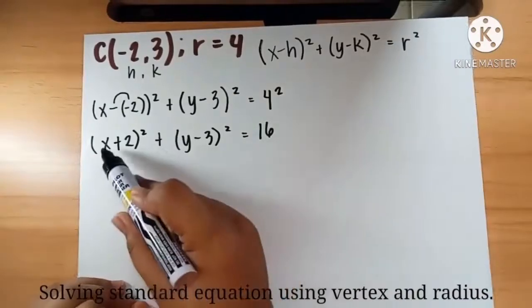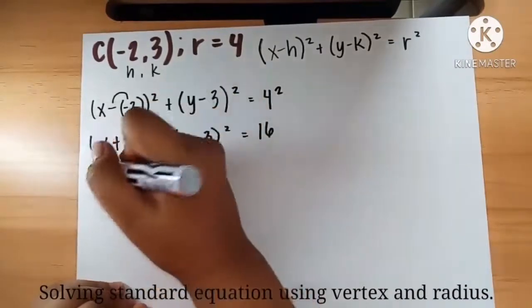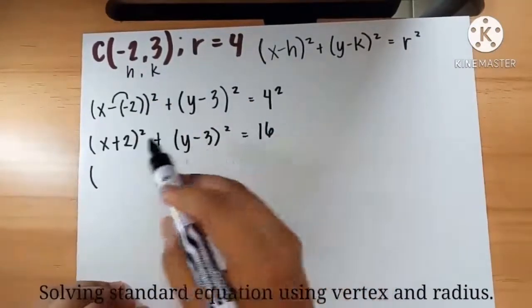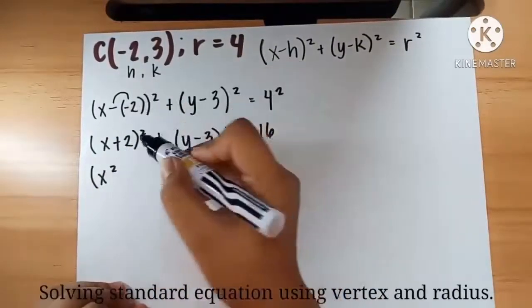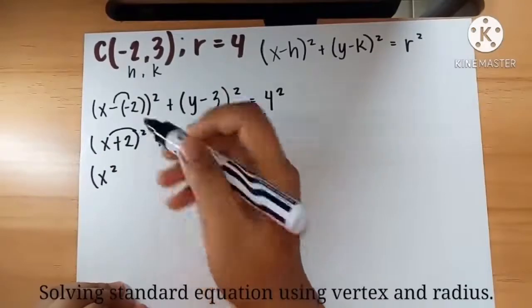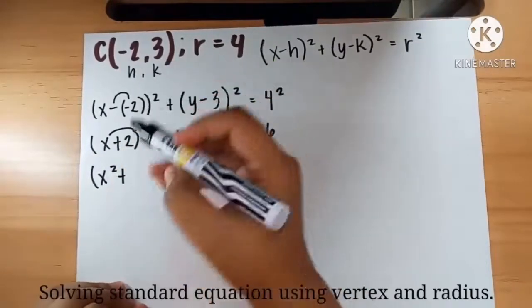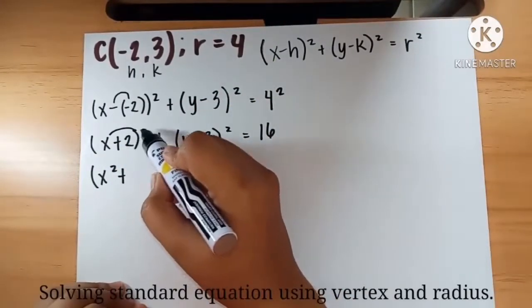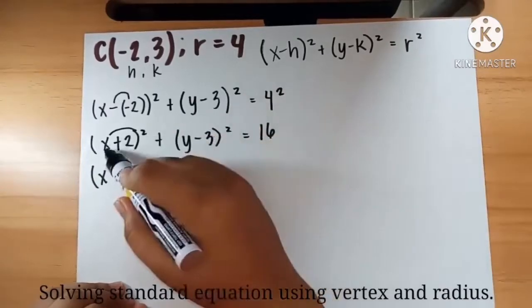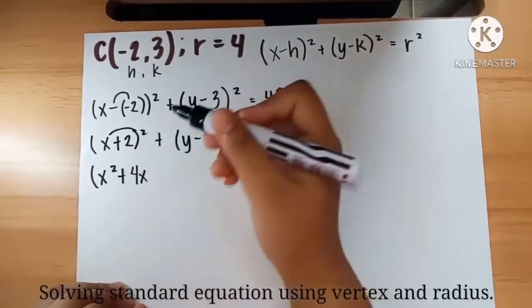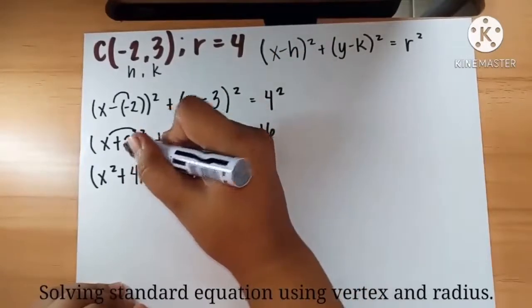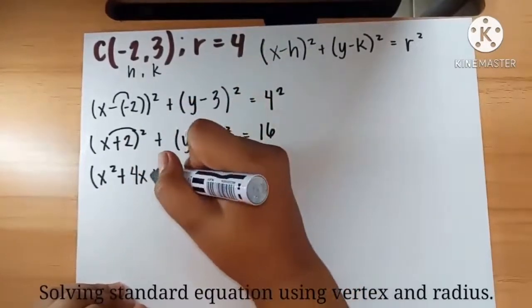Next, we have to expand it. We have x squared, or shortcut, x squared plus 2 multiplied by 2 is 4 times x, 4x, then squared the 2, plus 4.